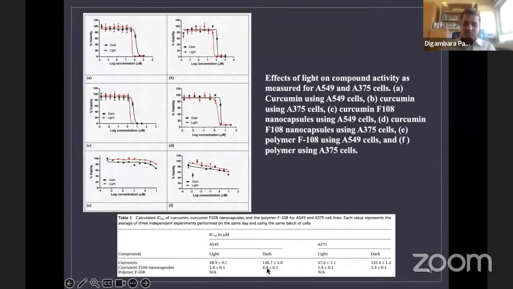Same thing, it was 4.4 in dark, and in the light 1.8. So that means these molecules have the potential for killing cancer cells. And as you know, curcumin is safe, so we did not do the test for the normal cell in this case, because we just took the help of the literature.